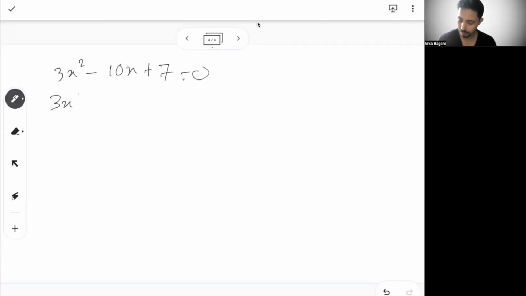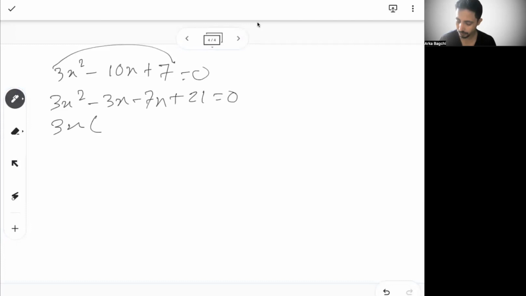So 3x square minus 3x minus 7x plus 7, because the multiplication here is 21, I have to break 10 into two numbers whose sum is 10 and their product is 21. So that's why I break it into 3 and 7.